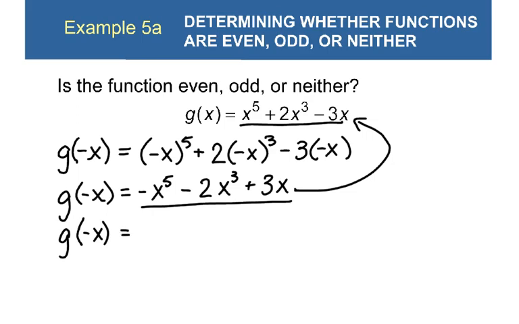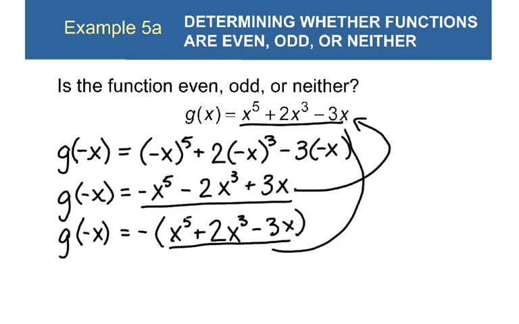factor out a negative, in other words. So I'm taking a negative out from our first term, from our second term, and from our third. And now what's inside my parentheses is equivalent to our g of x.